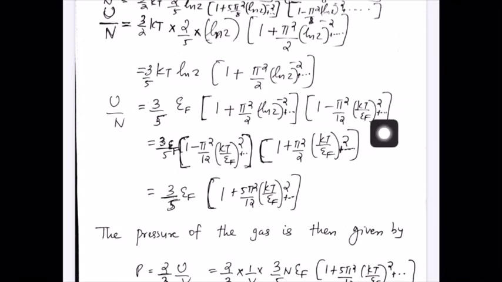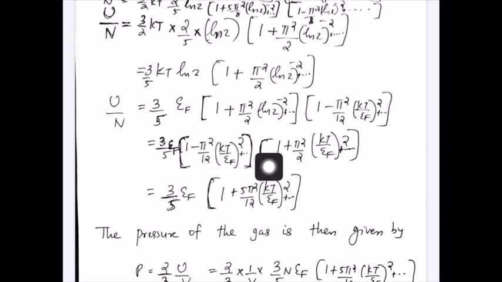Okay. And then what we do? We multiply this thing with this series. So the first term will be 1. We have 3 by 5 epsilon f into 1 plus pi square by 2 (kT by epsilon f) square, this thing, and this is written here. So we multiply.